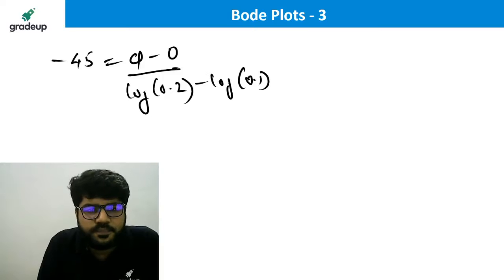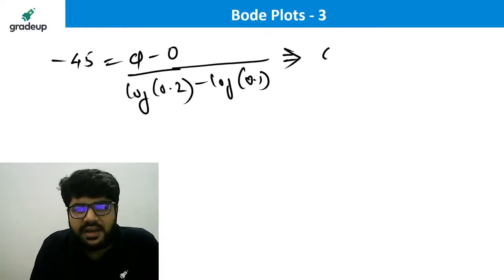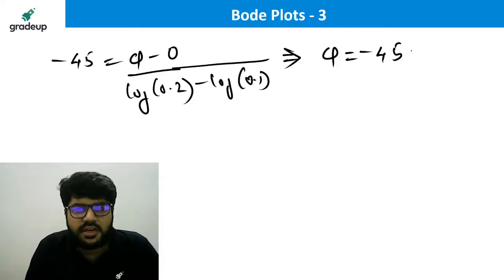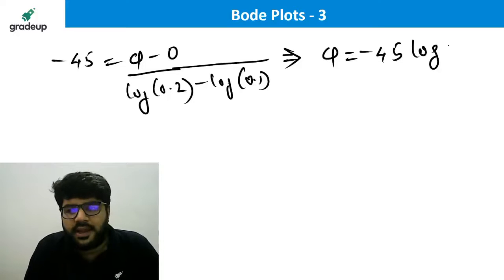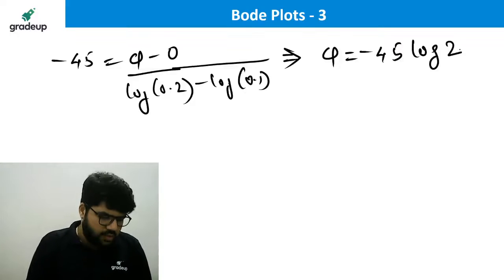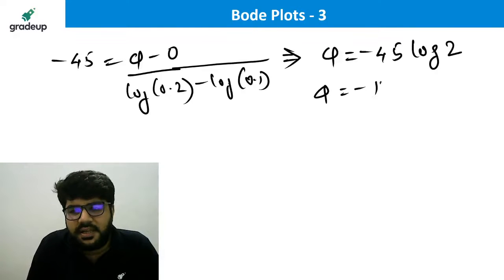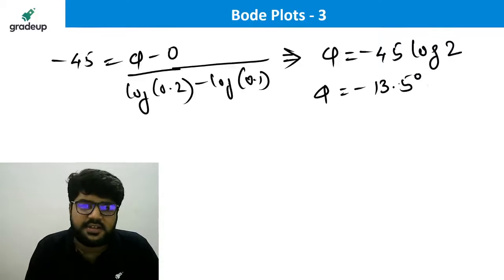Solving that, you get the phase is equal to minus 45 log 2. How much is it? 45 log 2 is 13.54. The phase is basically minus 13.5 degrees, sufficient.